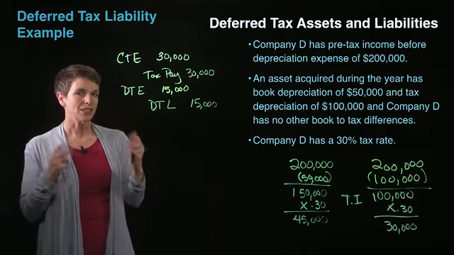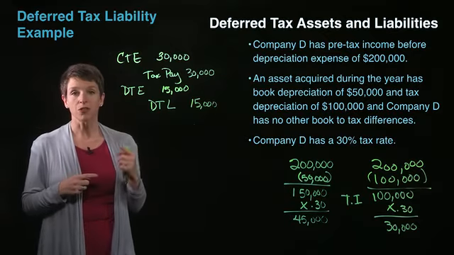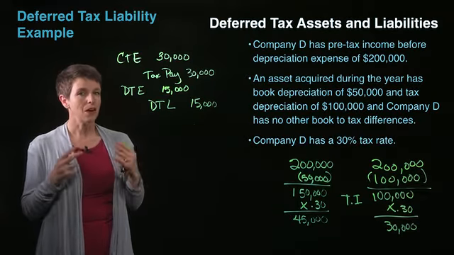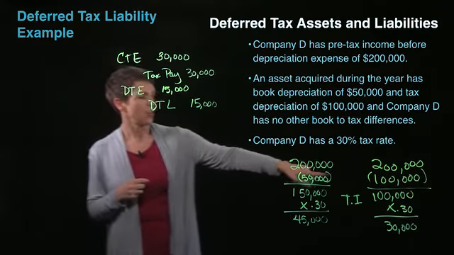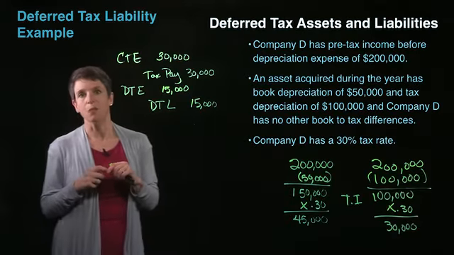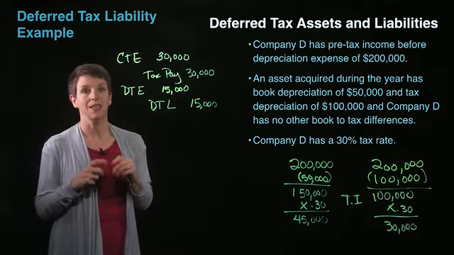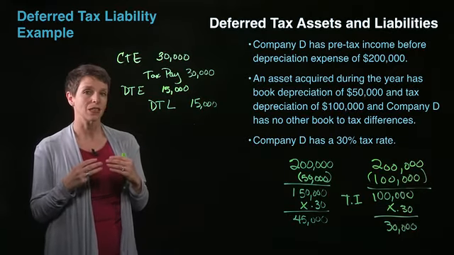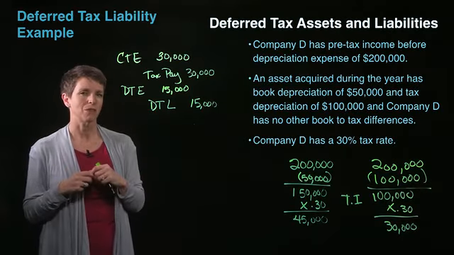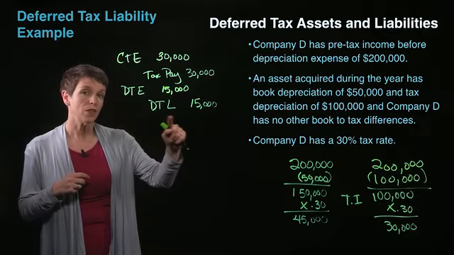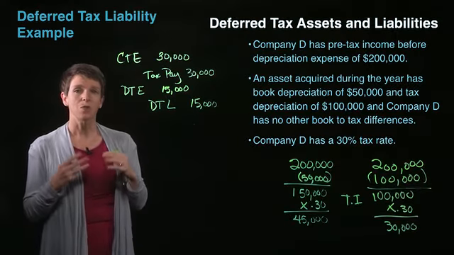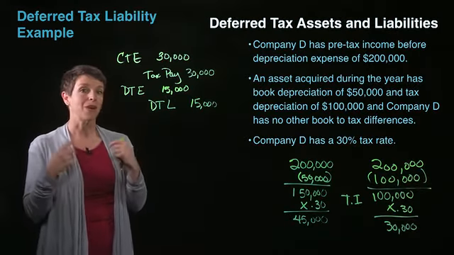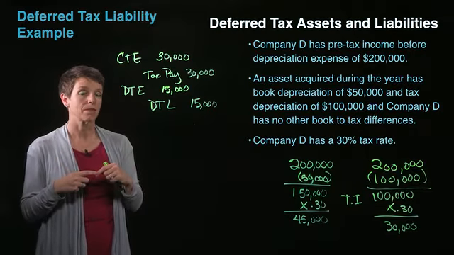This is essentially saying that in some future year, I'm not going to have a larger tax deduction for my depreciation. And in that year, I'm actually going to pay a higher amount in tax than what my income statement might reflect. So I'm going to record that liability today because it's generated from my income this year.